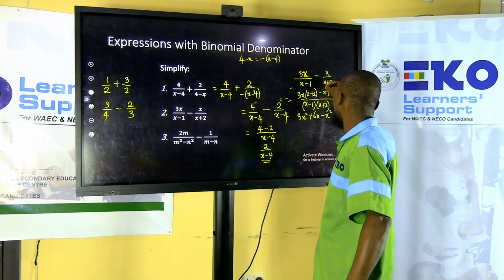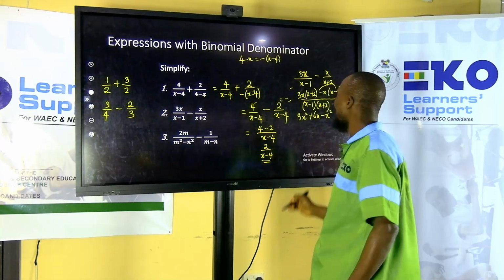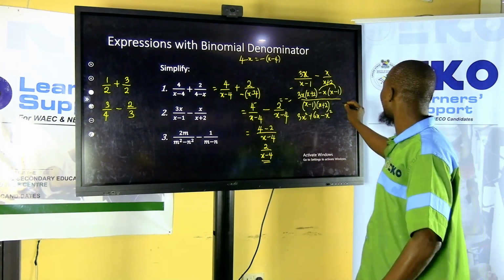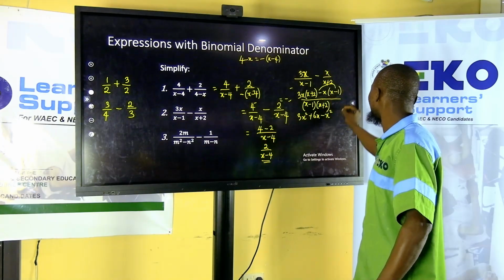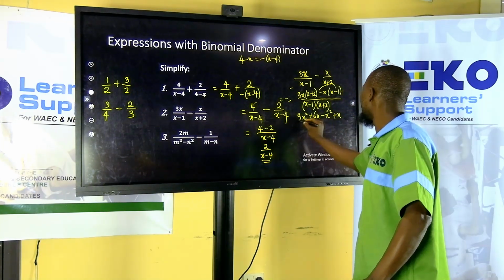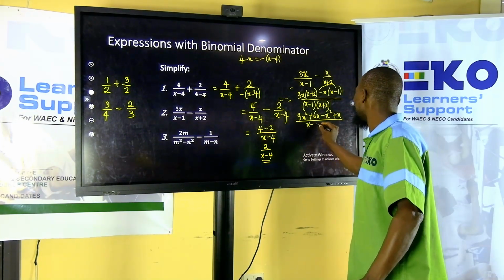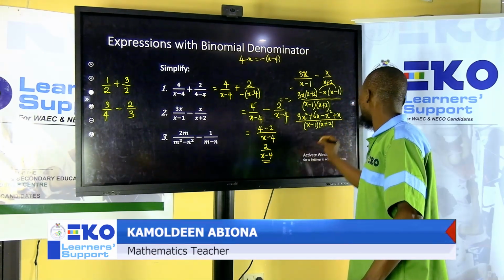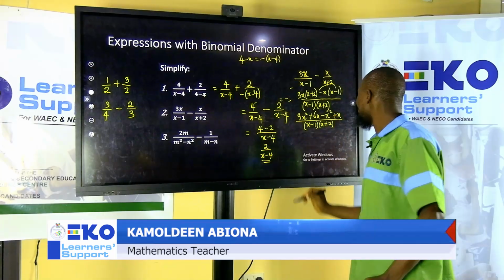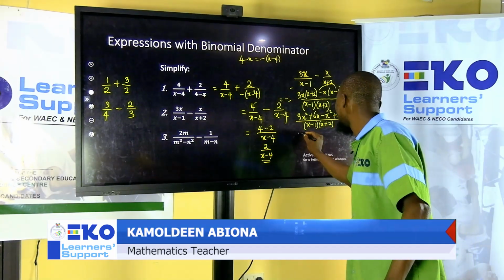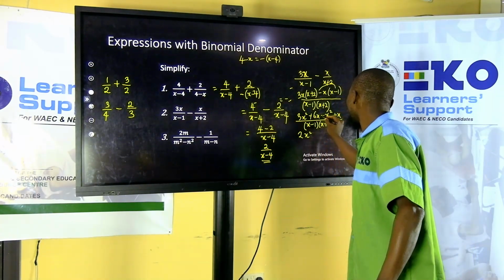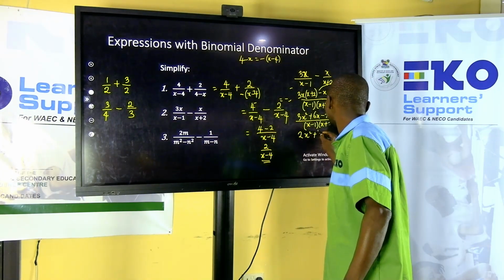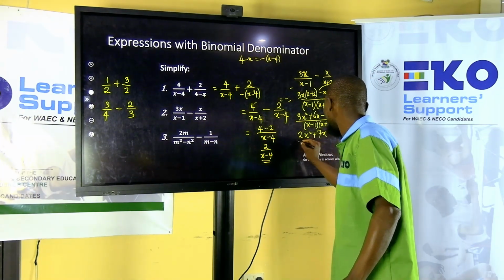And you have to be very careful here when a negative number is multiplying anything. Okay, so in that case we have plus, minus times minus is plus, plus x, all over x minus 1, x plus 2. Okay, so 3x squared minus x squared will give us 2x squared plus 6x plus x. That's plus 7x. That is collecting like terms.